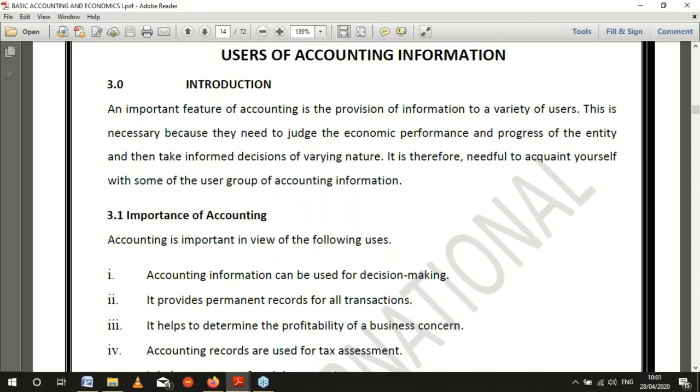Then we also have the matching concept. This concept ensures that the revenue of a period, say a year, must only be matched with the incurred costs of the period. That means your income and your expenditures have to match each other.